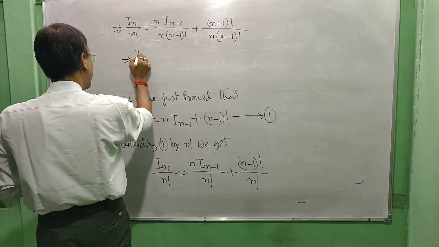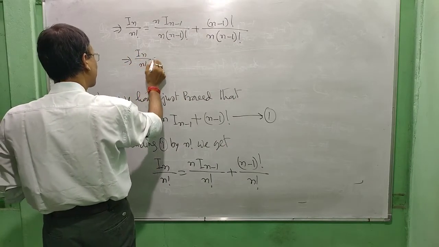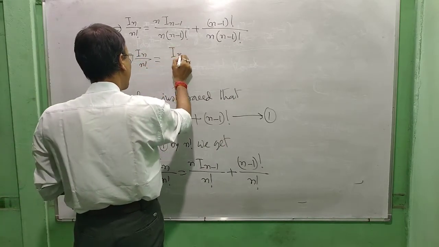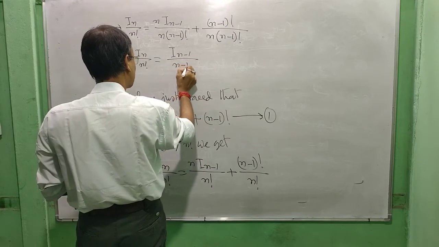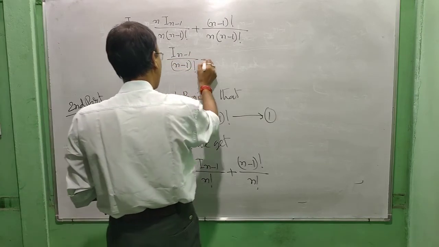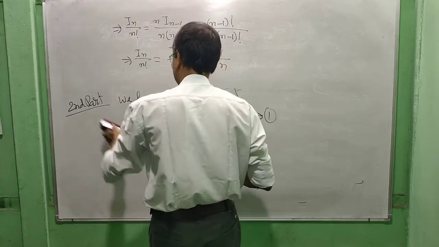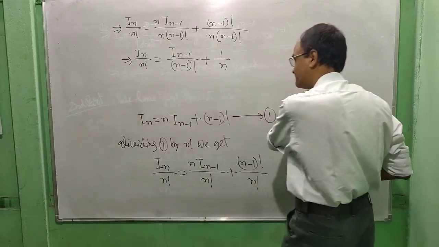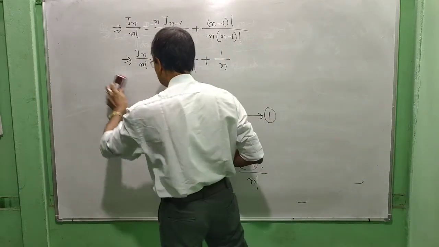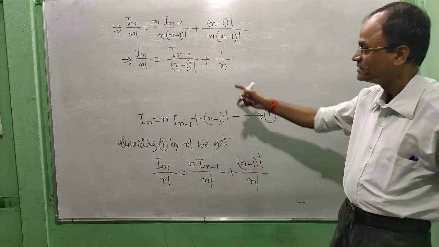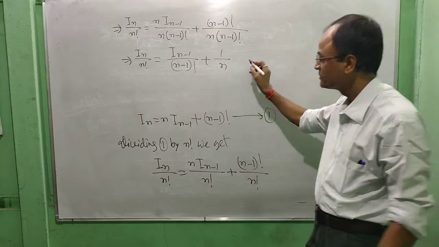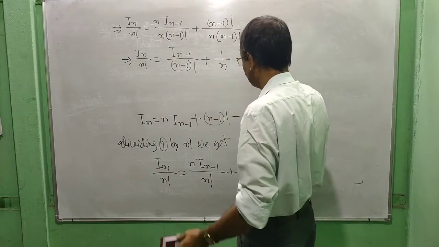This means I_n by factorial n is equal to I_(n minus 1) by factorial n minus 1 plus 1 by n. Right? Suppose this is number 2.